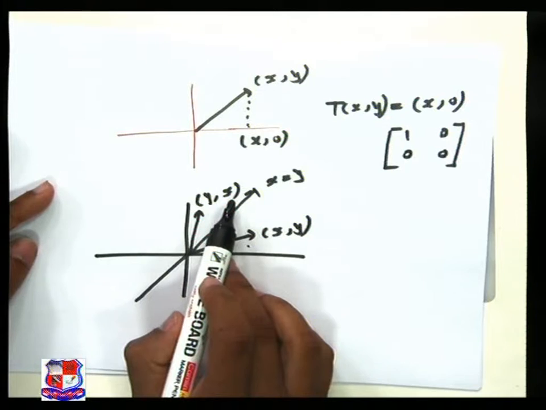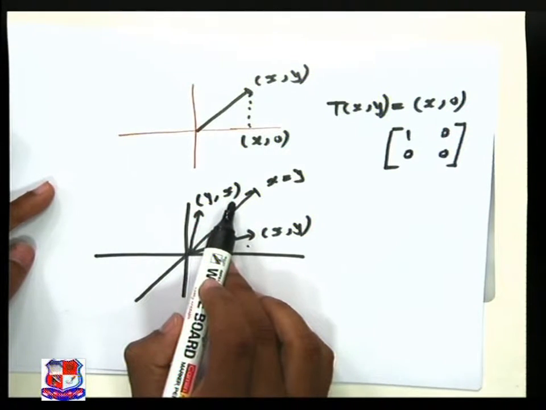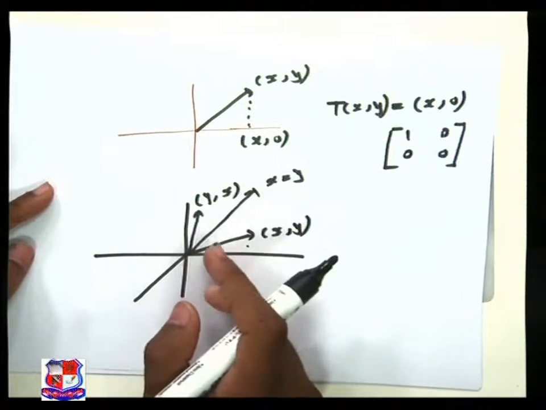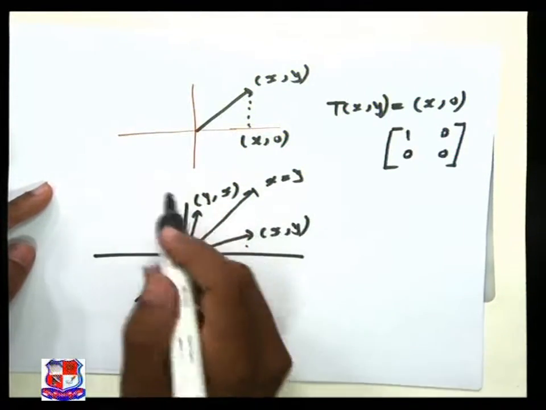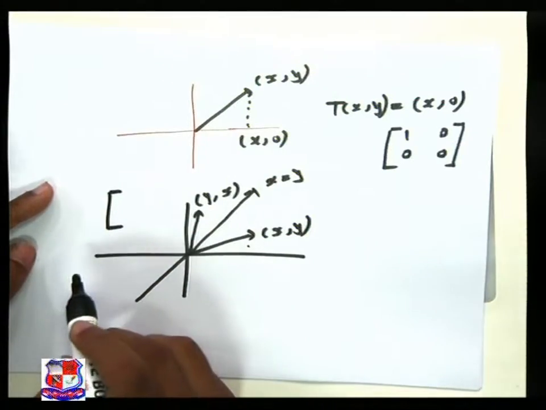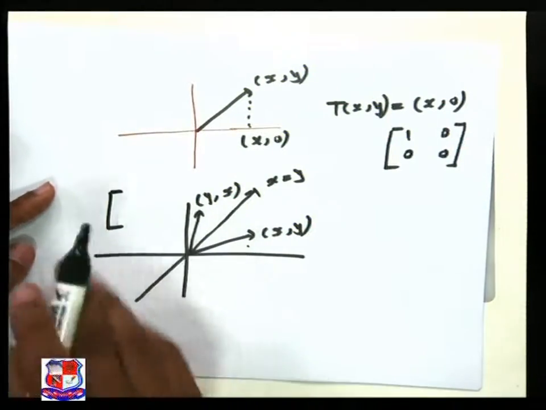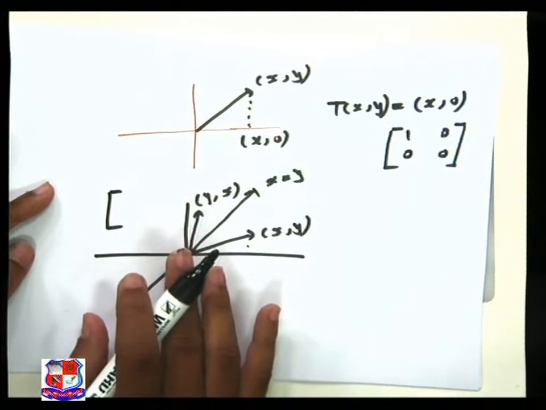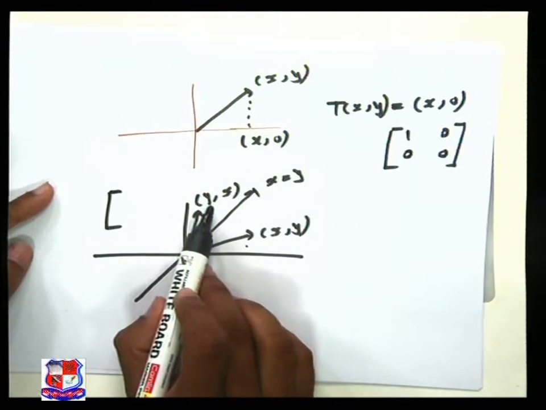So you can see the standard matrix for the reflection of the vector xy about the line x is equal to y. What is our standard matrix? I just wrote it down roughly here so that you can understand that one.